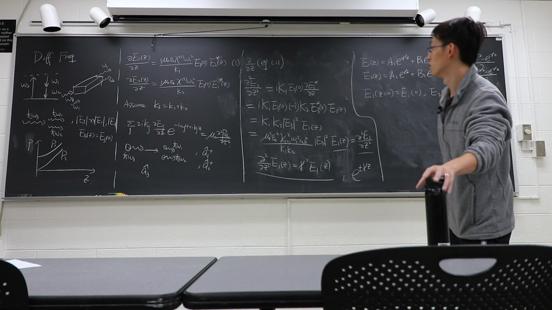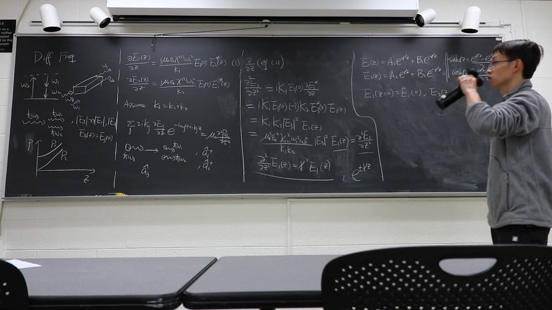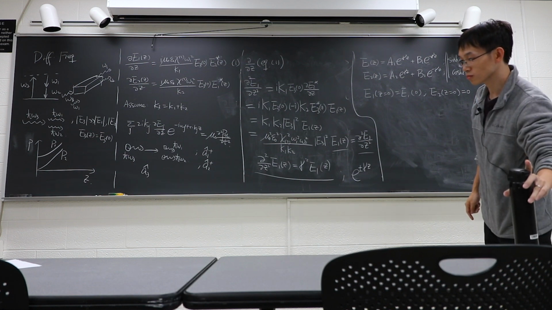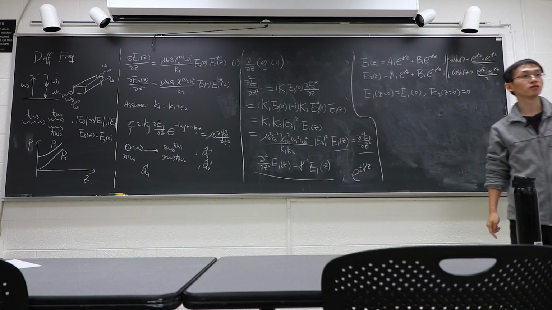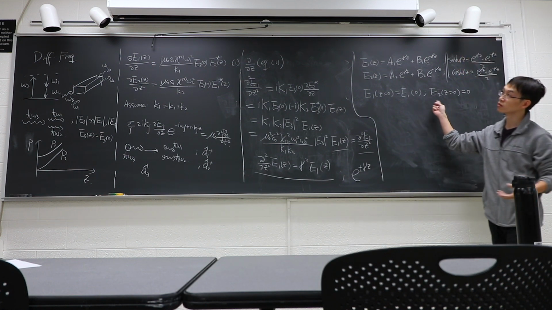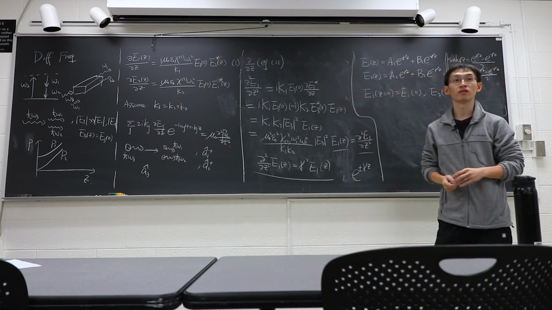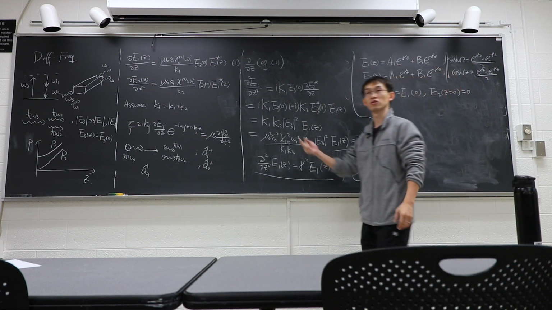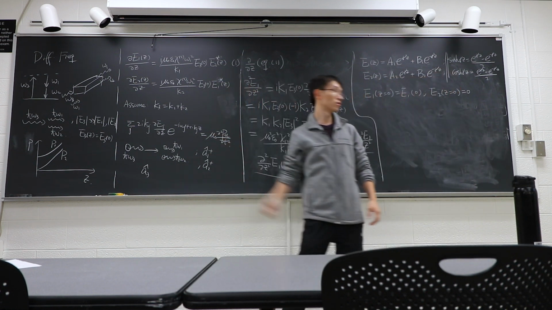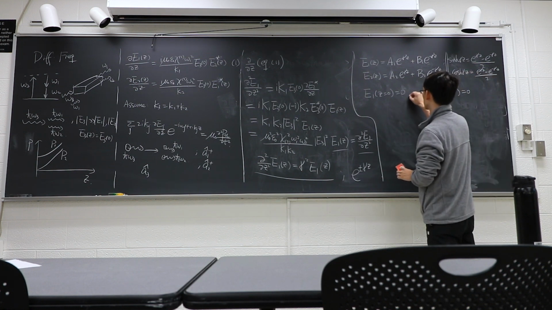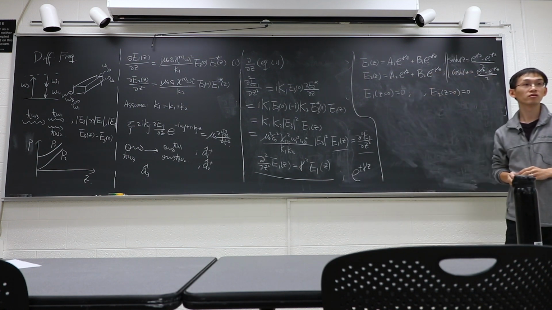Okay. If both of them are 0, then what will happen for this equation? For example, let's say both of them are 0.